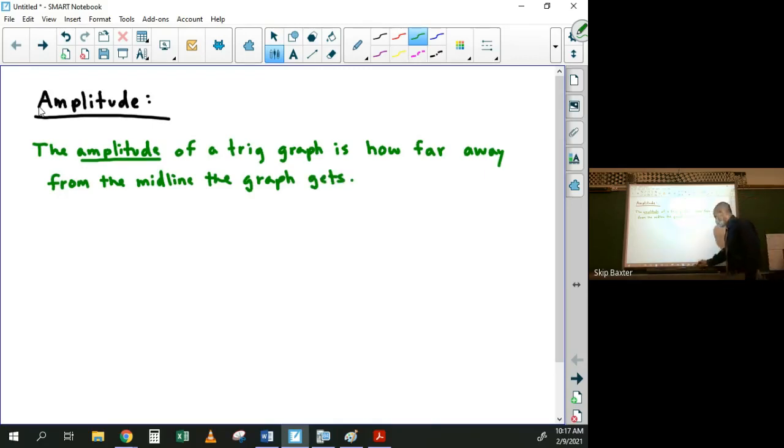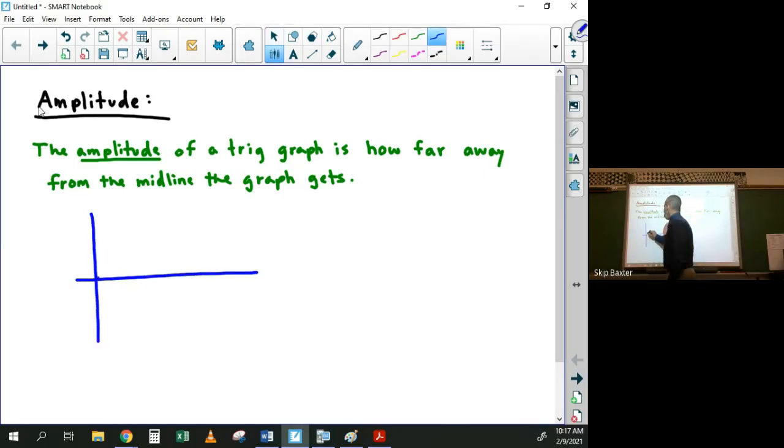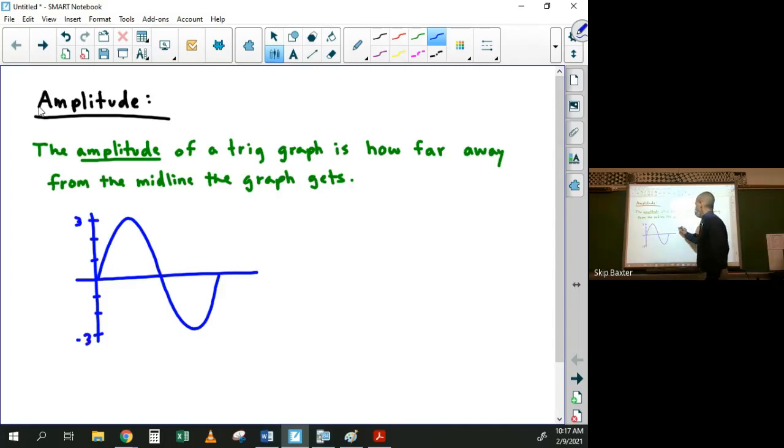Suppose you have a sine graph like this, but it actually goes up to 3 and down to -3. Then in this case, the amplitude would be 3. Amplitude is always positive.